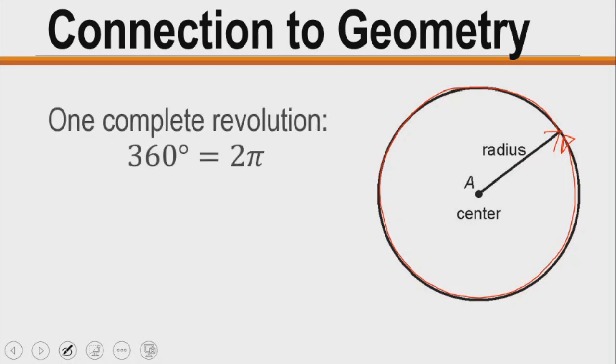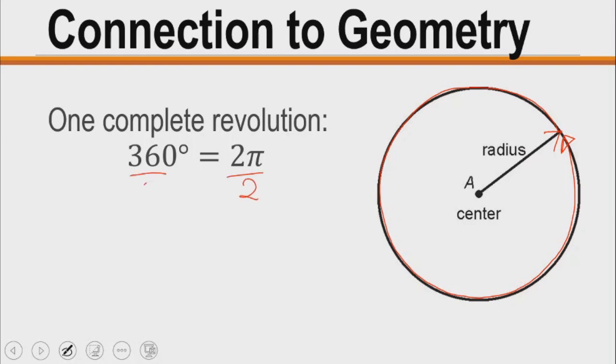Now, when I rotate my ray and complete one revolution, from geometry we already know that the angle of a full circle is 360 degrees. So 360 degrees is one full revolution, which is the same as 2 pi radians.